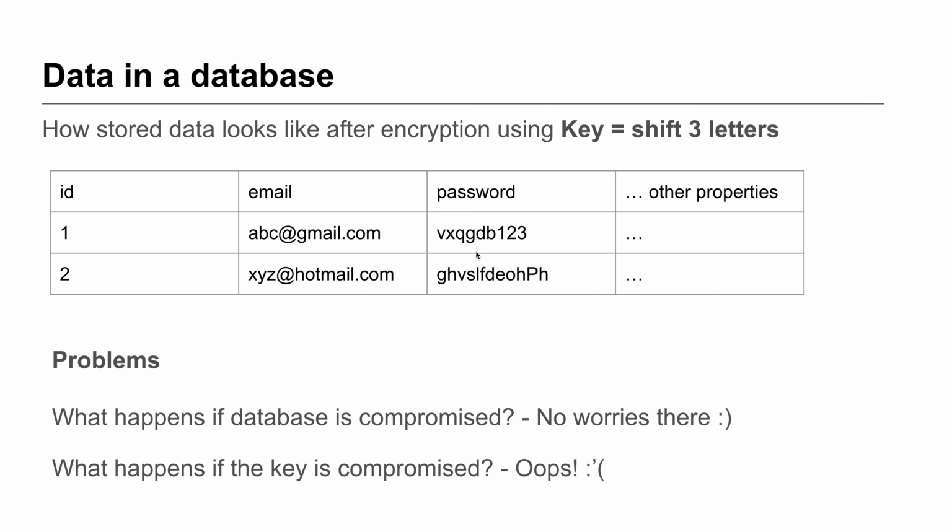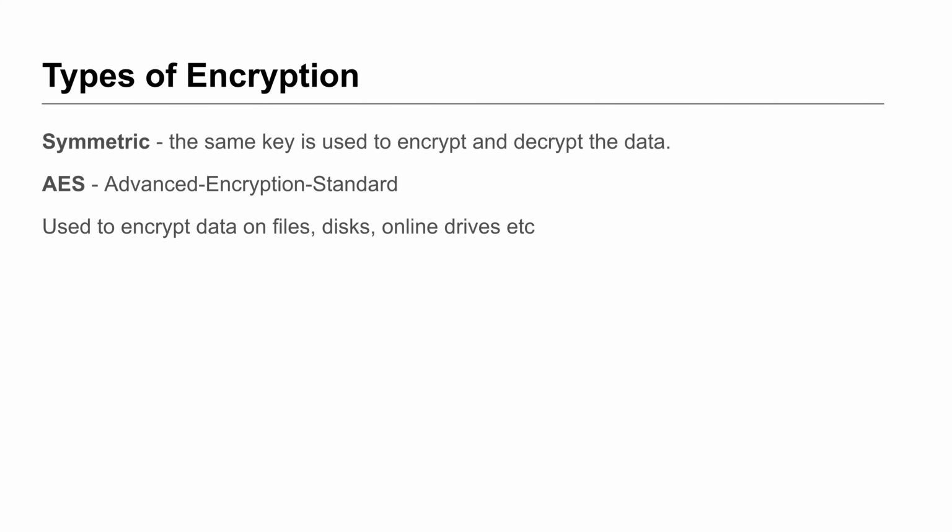And to get the ciphertext, we can move the password three letters upwards. So the same key is used to encrypt and decrypt the password, right? Such a type of encryption is called symmetric.